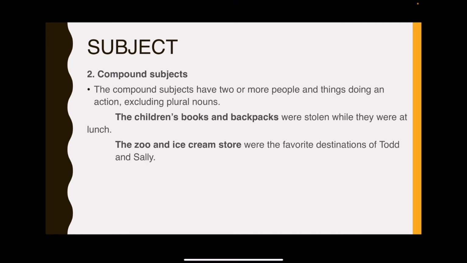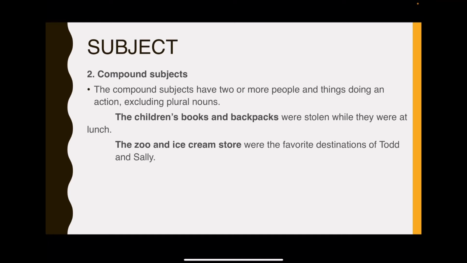What is the next one? The next one is called compound subjects. As you can see from its name, the word compound, right? So here, think about two or more people or things doing some kind of action, excluding plural nouns.